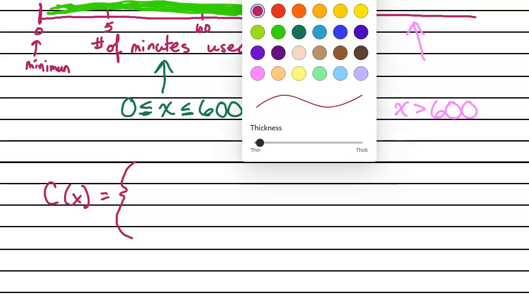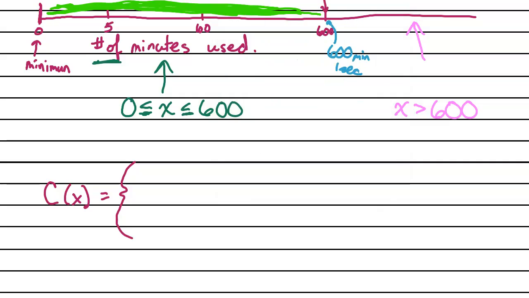For this first area right here, whenever it is between 0 and 600 minutes, we're going to have a flat rate of $63.97. It's going to stay that rate. It doesn't change. That's my monthly cost if I don't use the cell phone or if I use 600 minutes of the cell phone.